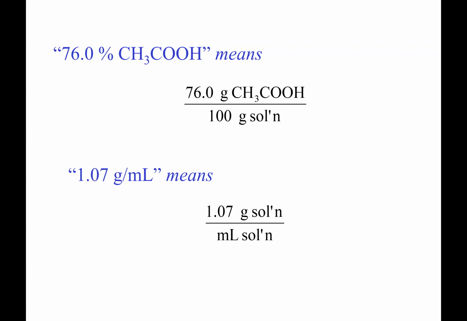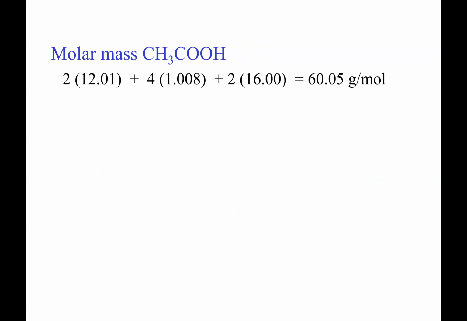I'm gonna string up those three puzzle pieces. I need the molar mass. Of course, we've been talking about this. We use a periodic table. The formula for acetic acid has 2 carbons, so we take 2 times 12.01. There are 4 hydrogens, so we'll take plus 4 times 1.008.